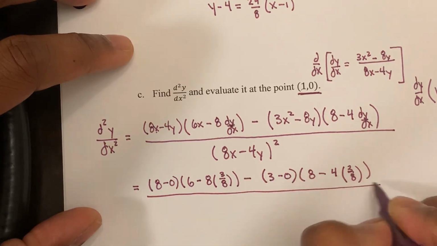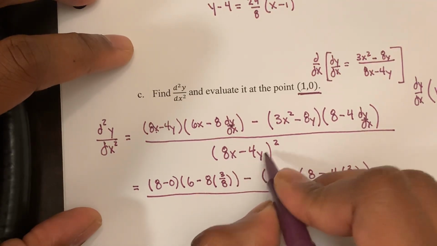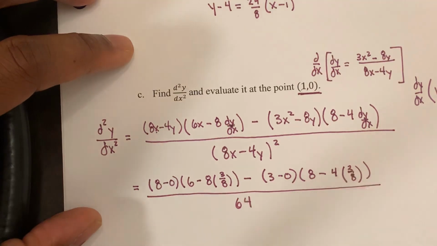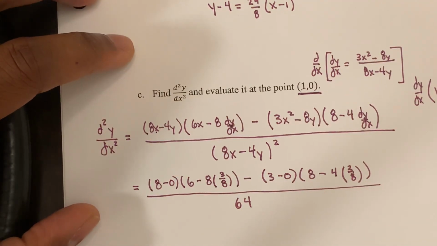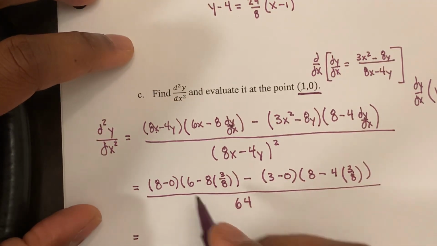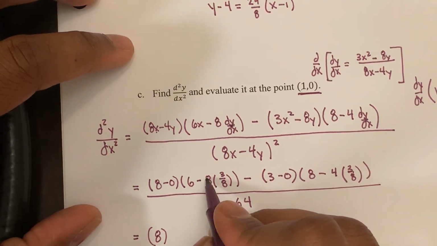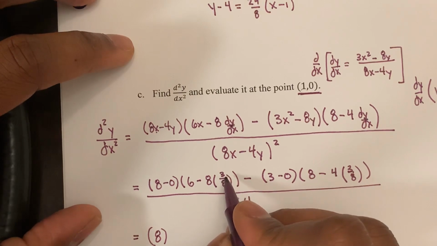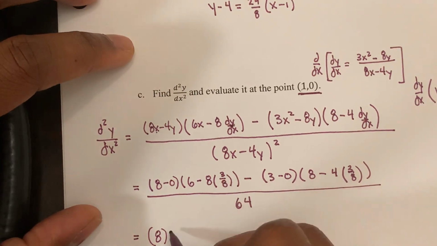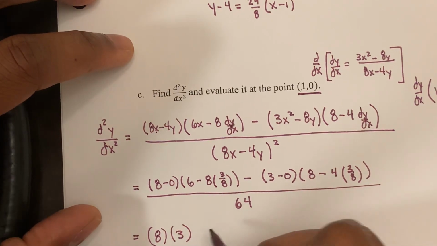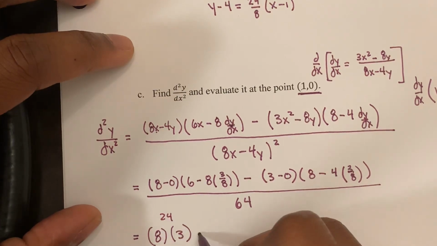And all of this is over 8 minus 0 squared, so over 64. That's going to simplify to be 8 times, so 8 times 3/8 is 3. 6 minus 3 is 3. So it's going to be 8 times 3, which is 24.